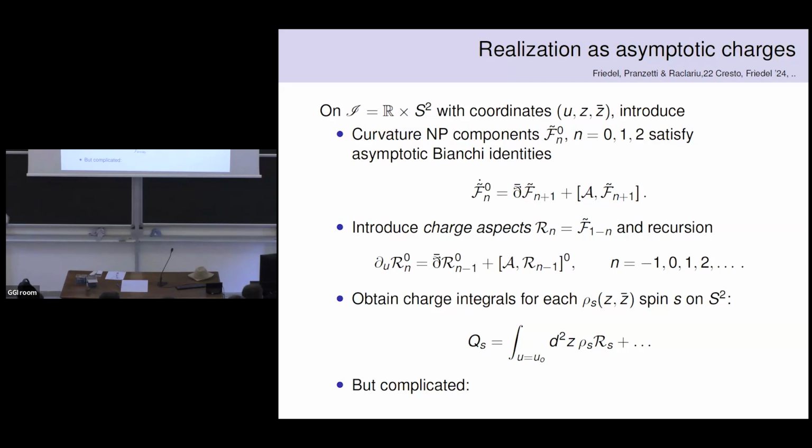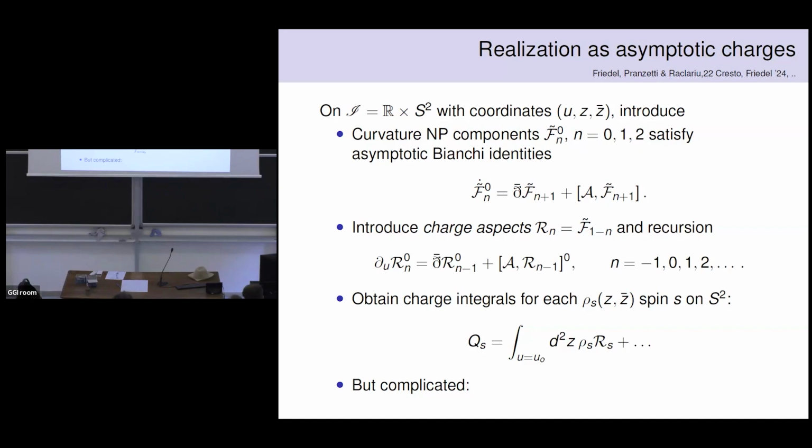Can you find charges that correspond to these S-algebra symmetries? That was a question that Freidel, Pranzetti, and Raclariu set themselves. They did it first for gravity, second for Yang-Mills, and then it was improved a couple of years later. They said, well, okay, we could carry on with this kind of Bianchi identity. We just keep going.